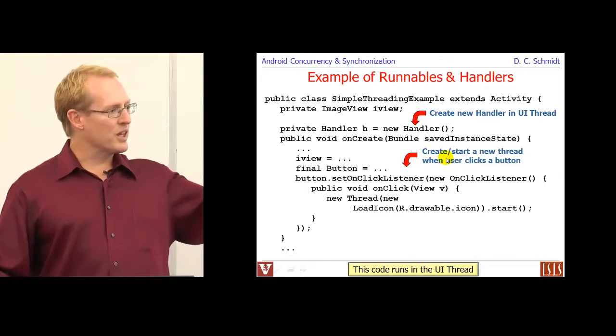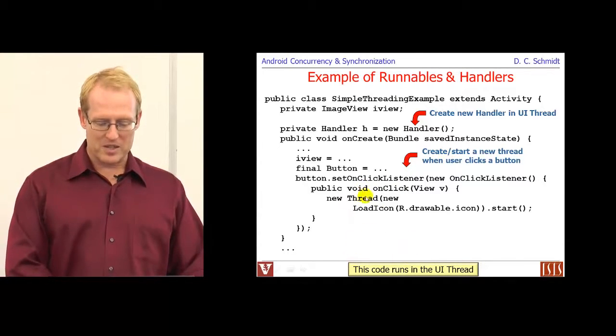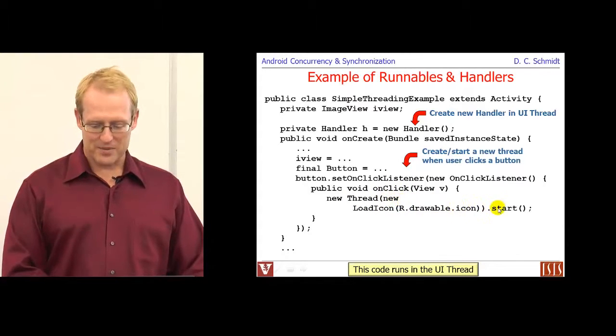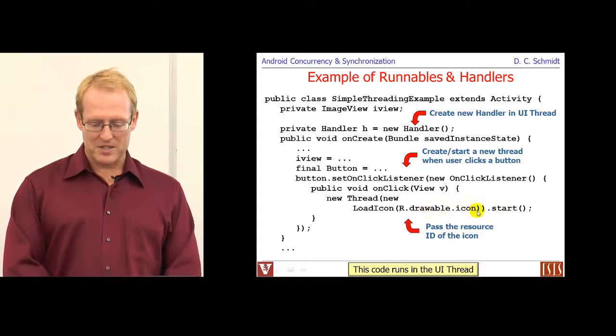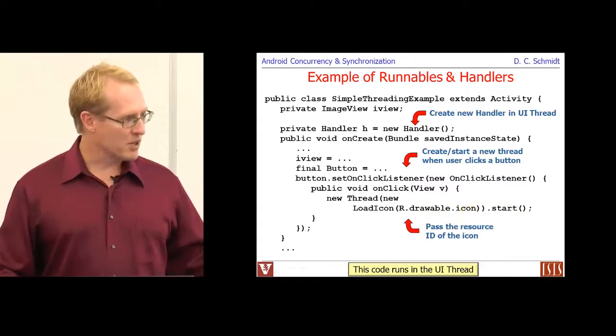And when you click the load icon button, the onClick hook method of this thing turns around, makes a new thread, creates an object that's a runnable that's going to run in the context of that thread, and starts that thread. And notice it passes in the resource ID of the icon that we want to display.